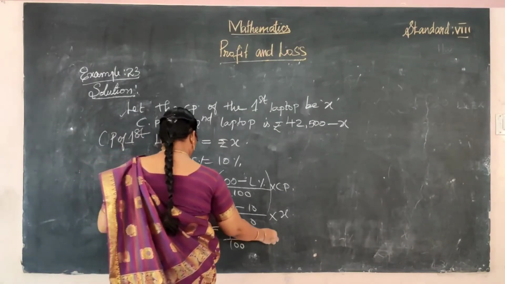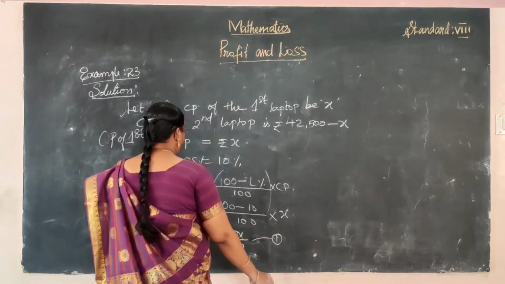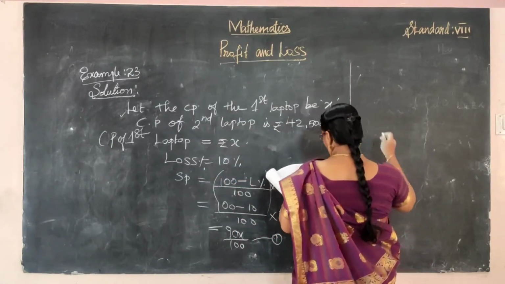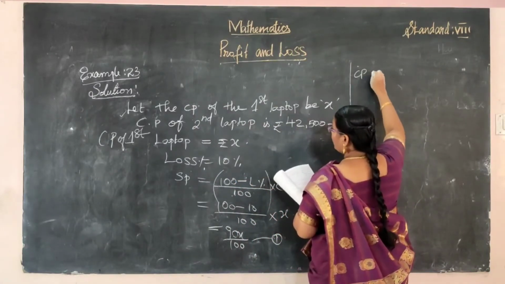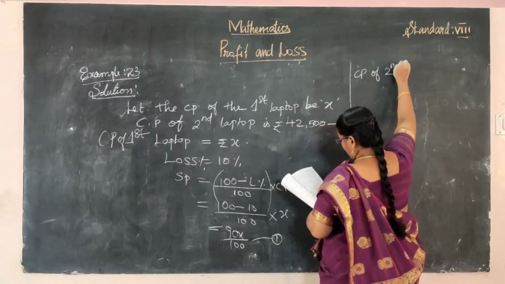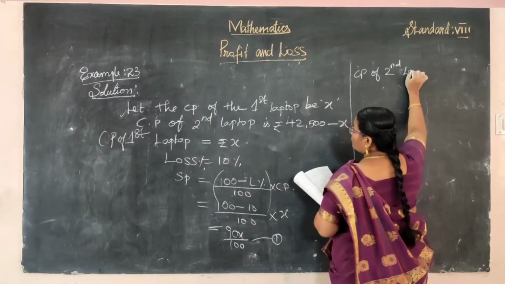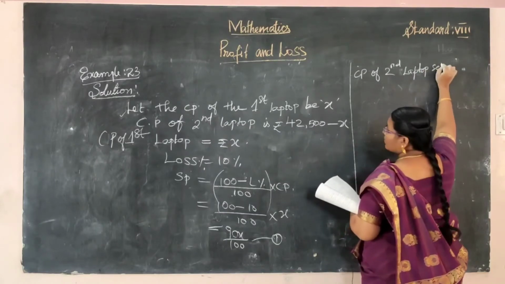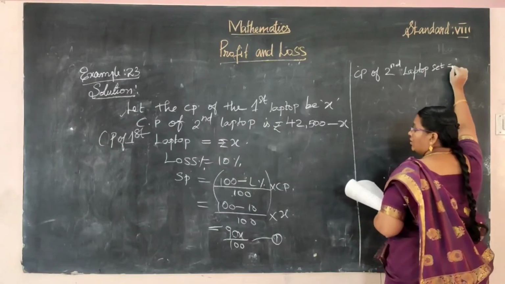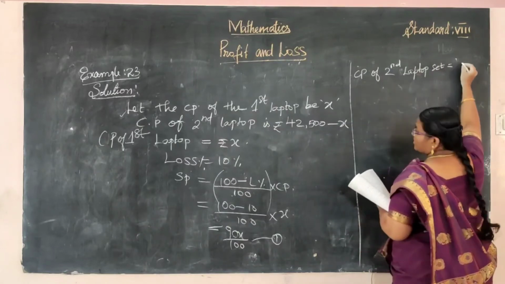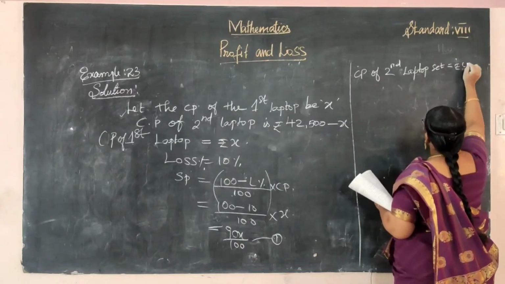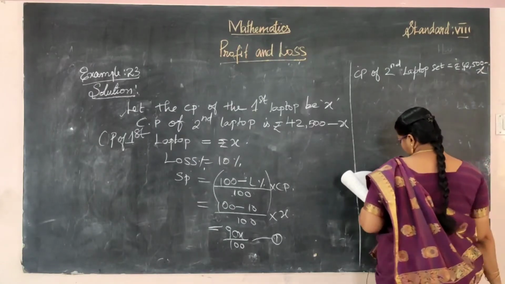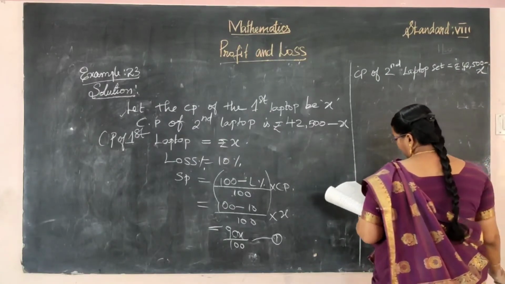Okay, we have considered one. And next one, CP of second laptop set is equal to what we considered as 42,500 minus X. What is the gain percentage?